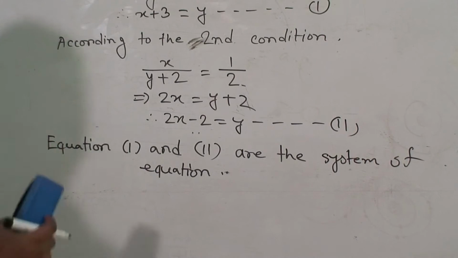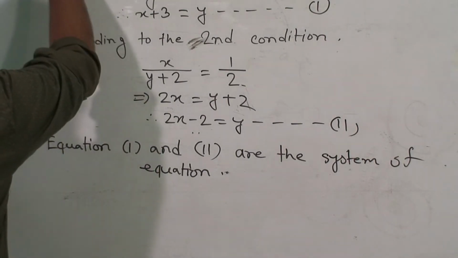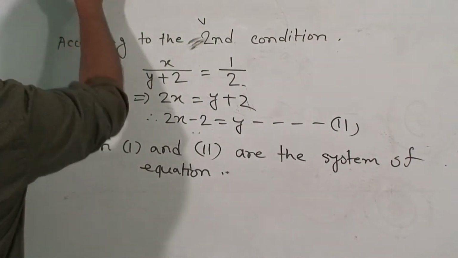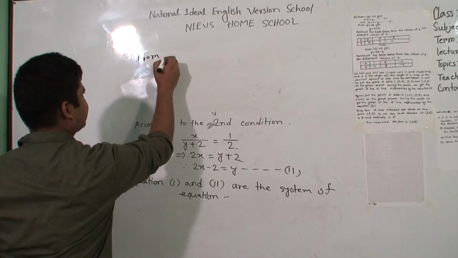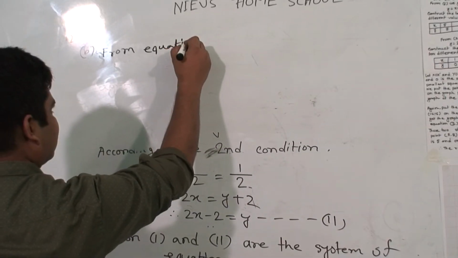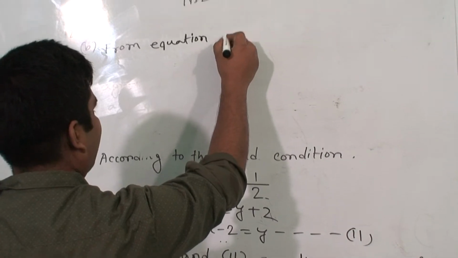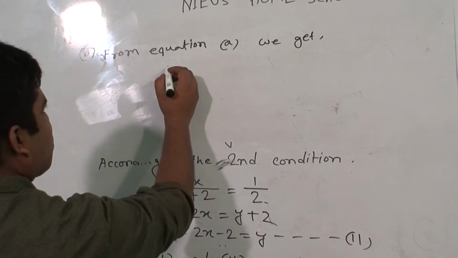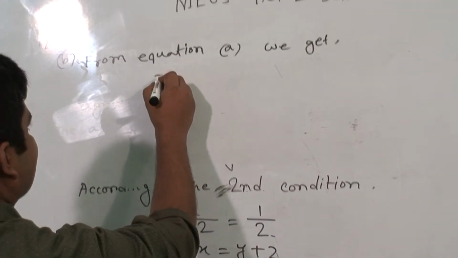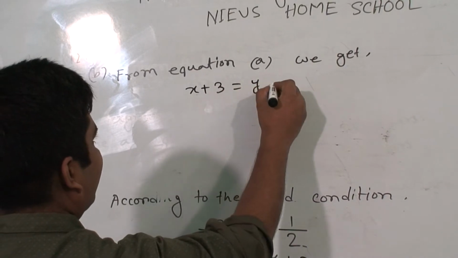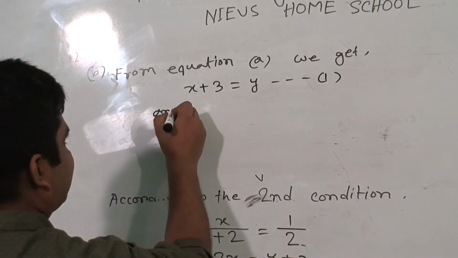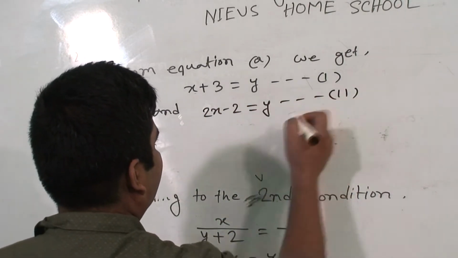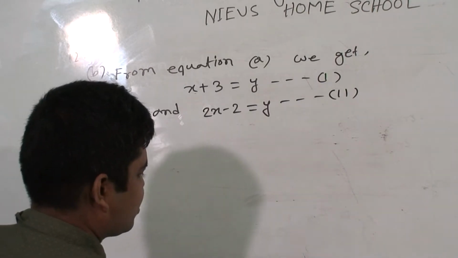So this one is done and we need to solve question number B. To solve question number B, I erase question number A. From equation A, we get x plus 3 equals y, equation number 1, and twice x minus 2 equals y, it is equation number 2. Now we solve.